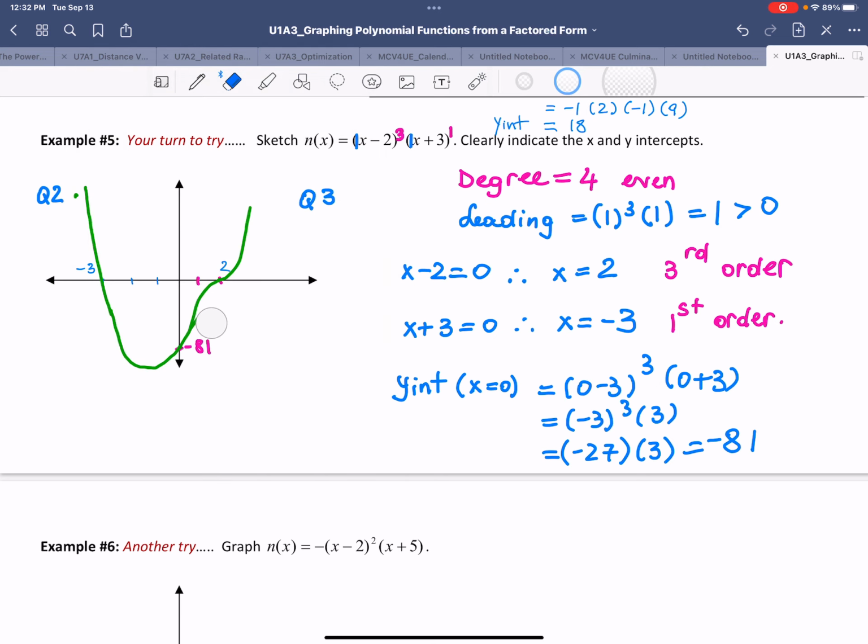All the conditions are satisfied: the end behaviors are correct, the roots are there, a first order and a third order root, and the y-intercept is here. Obviously, we don't know exactly how far down or up we could have gone, but we are just sketching this function, not really graphing it. All the features as described are in this picture.